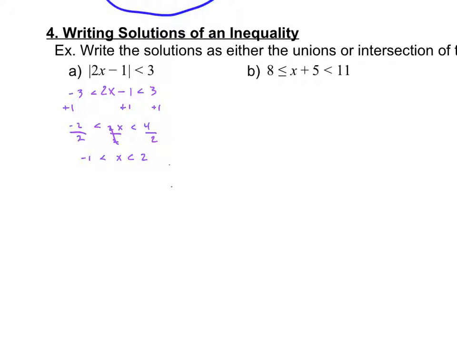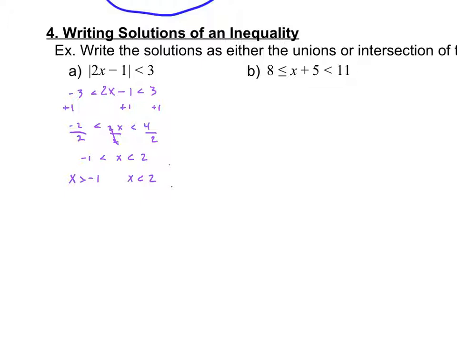If we write that now as two inequalities, we can rewrite that as x is greater than -1 and x is less than 2. So we've solved that inequality, but now we're going to take this compound inequality as an intersection of 2 sets.